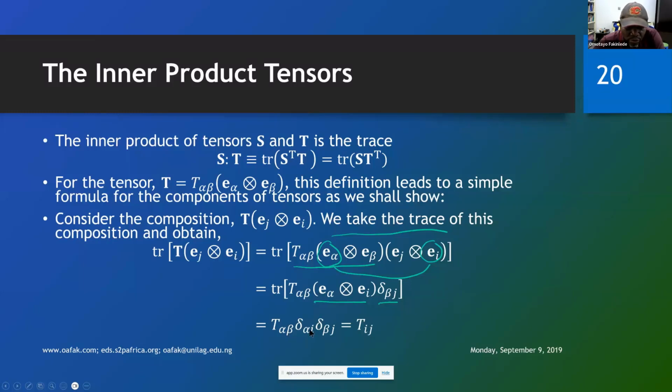So I will pause here at page 20. I think you got enough for the day. We will start with another slide next lecture, and that slide will show us that the trace of a dyad is simply when you change what you have there to a dot. If you change the dyad symbol to a dot, what you get is the trace of that dyad.